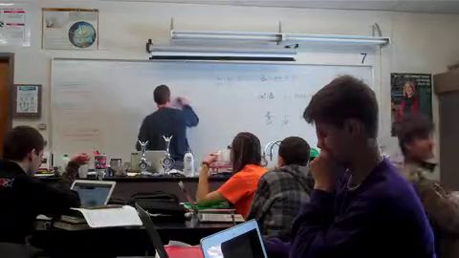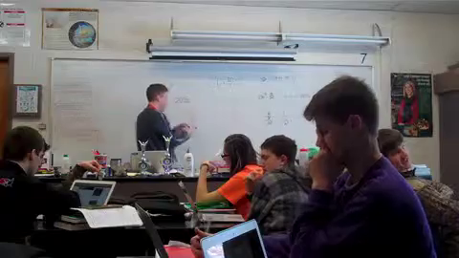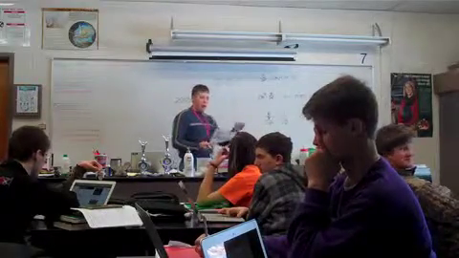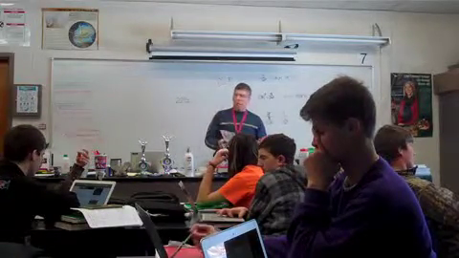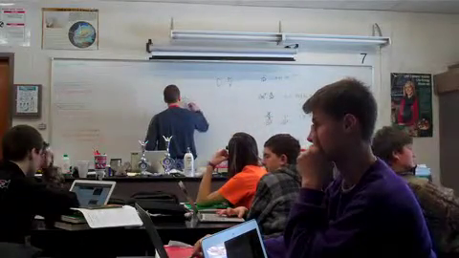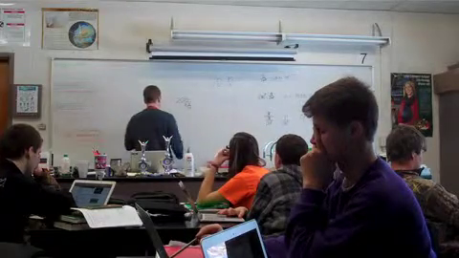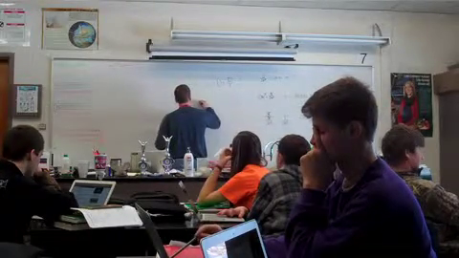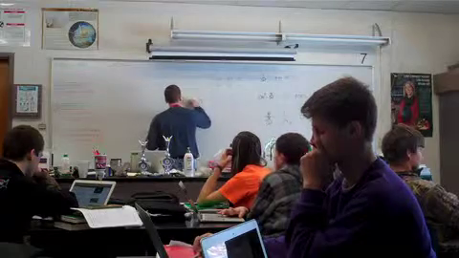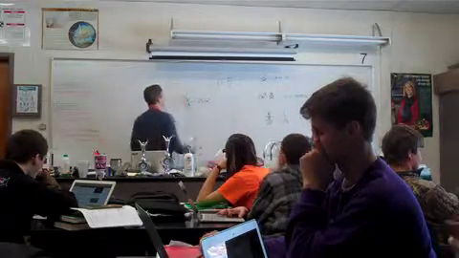So 200 grams divided by my density, which I'm going to use the density from my last problem. So I calculated 8 grams per centimeter cubed. So 200 divided by 8 gives me 25. Grams cancel out, centimeters cubed.